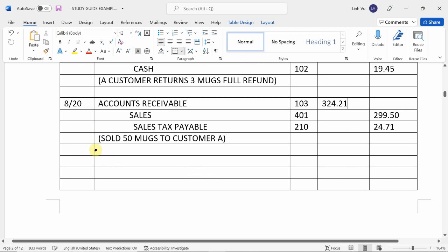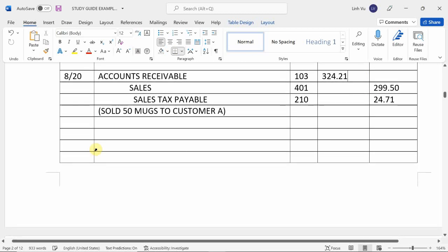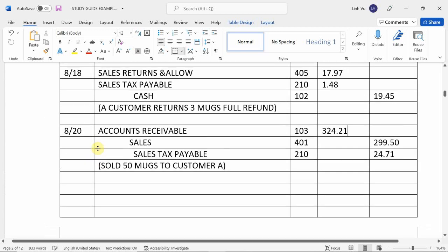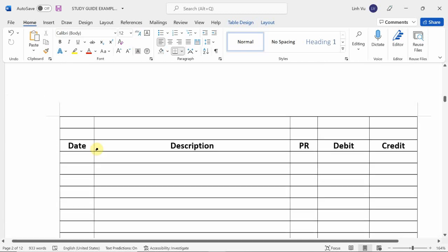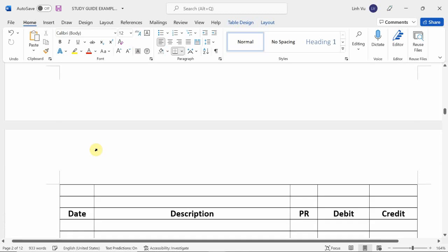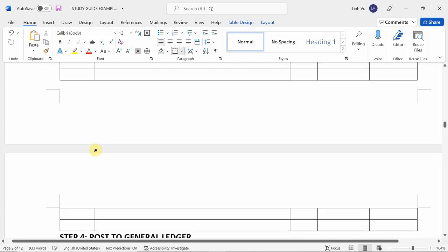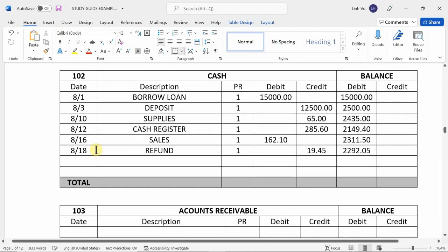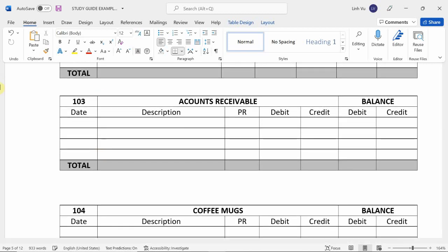I need to now update my accounts accordingly. So again, $324.21 is what that person owes me. Okay? So again, not checking, not cash, but accounts receivable. Okay?